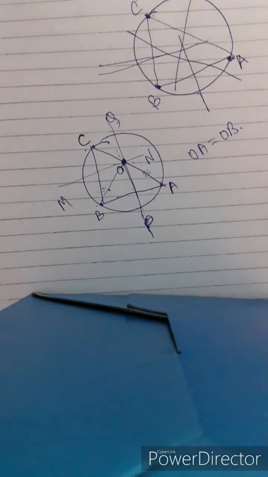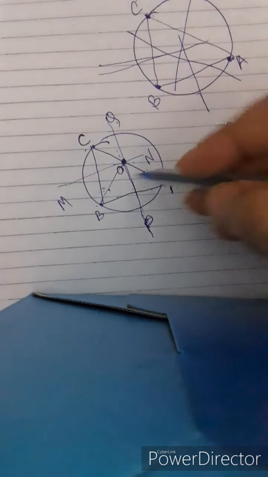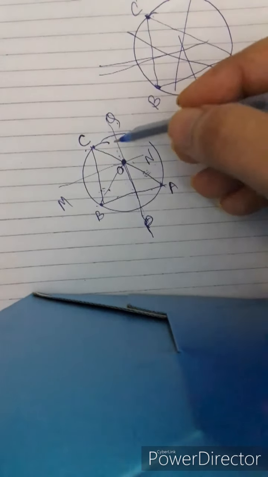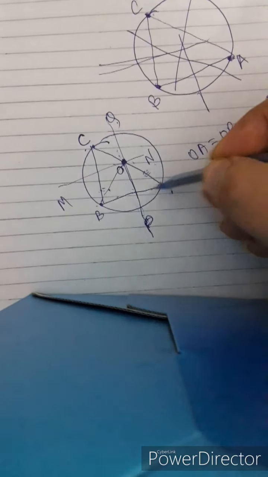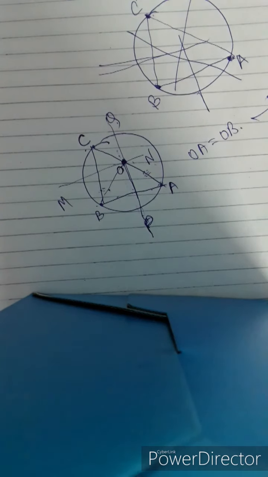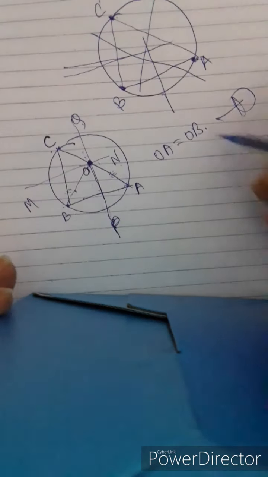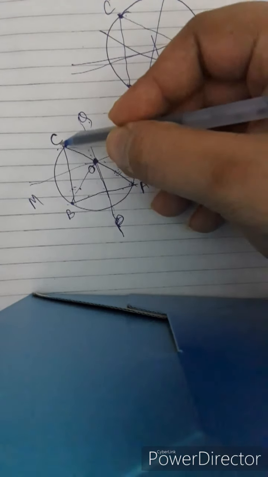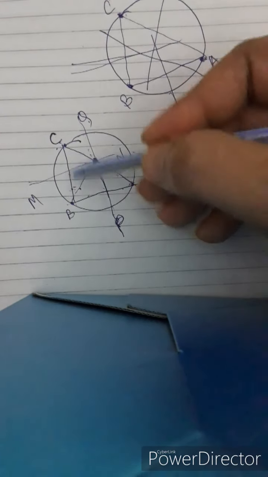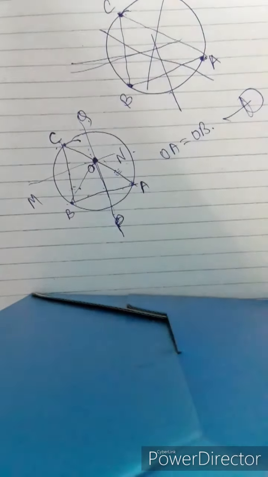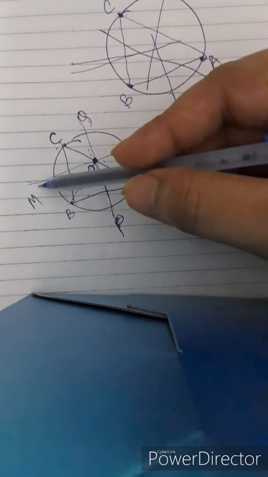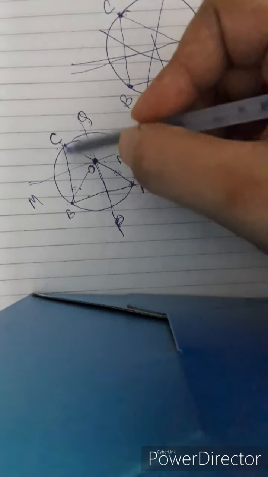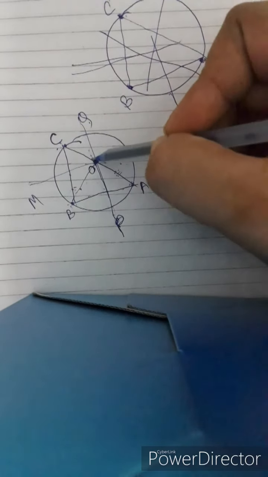In the first case, OA and OB become the radii of the circle because they start from point O and meet the circle at A and B respectively. So OA equals OB. Similarly, MN is the perpendicular bisector of BC. It bisects BC as well as is perpendicular to it, so it passes through O, the same point, which should be the center of the circle.